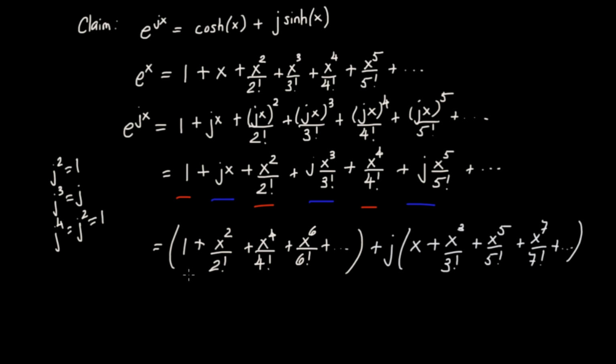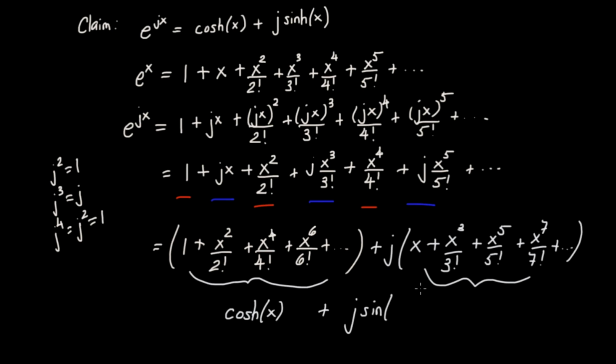And now I claim that this power series here is equal to cosh x, and that this power series here is equal to sinh x. So I'm going to have j times sinh x. And that's all equal to e to the jx.